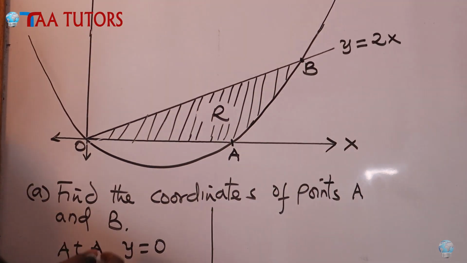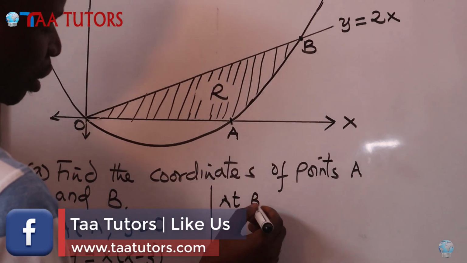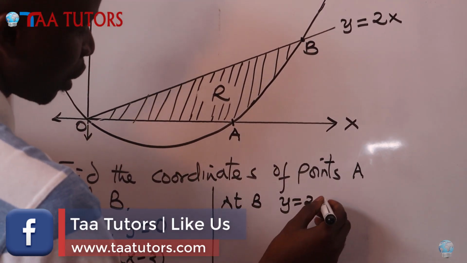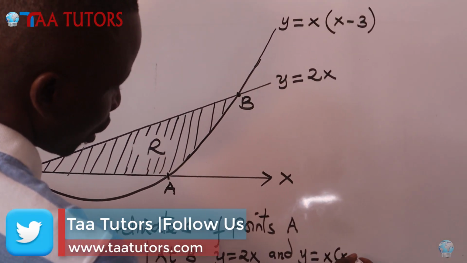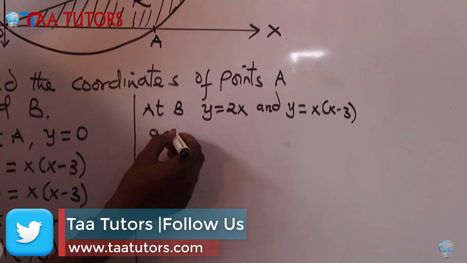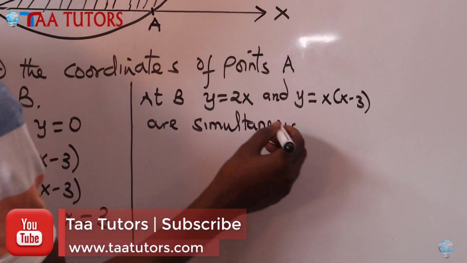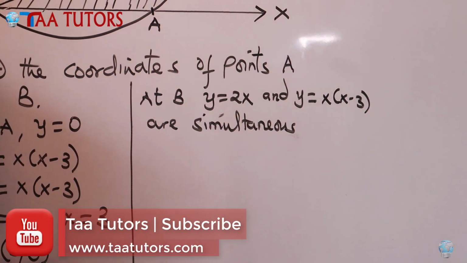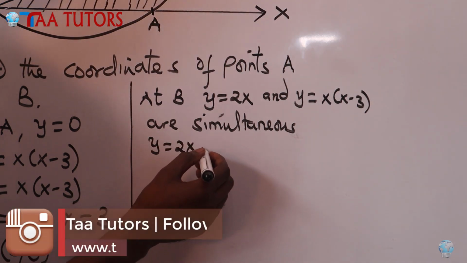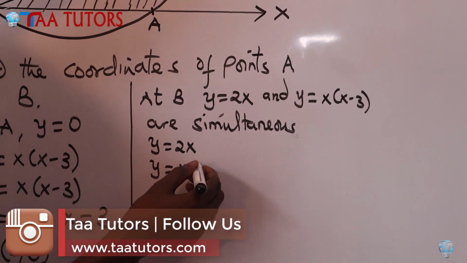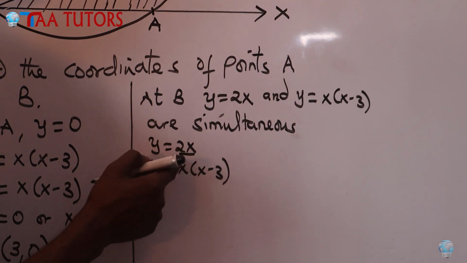At B, the two curves are intersecting. Therefore at B, y equals 2x and y equals x into x minus 3 are simultaneous. So if y equals 2x, then I can substitute 2x where y is.